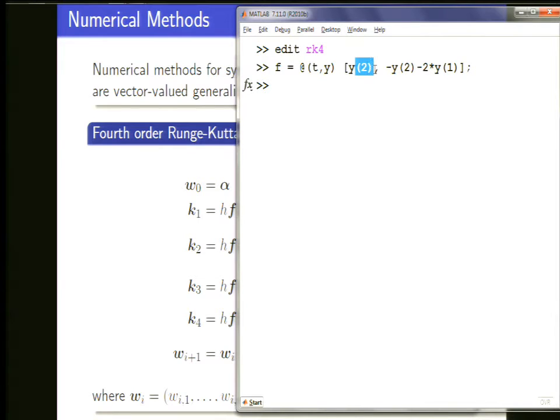You can access them as a MATLAB vector by y of 1, y of 2, y of 3, y of 4, right? f has to be a vector, so you see there's a comma, there are 2 numbers. So y is a vector, and f is a vector. T is not a vector, but I'm not using t here. And then when you've done this, you can just call the function RK4, f going from 0 to 1, what else?